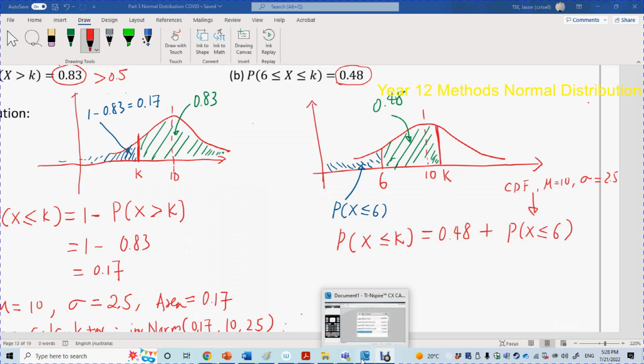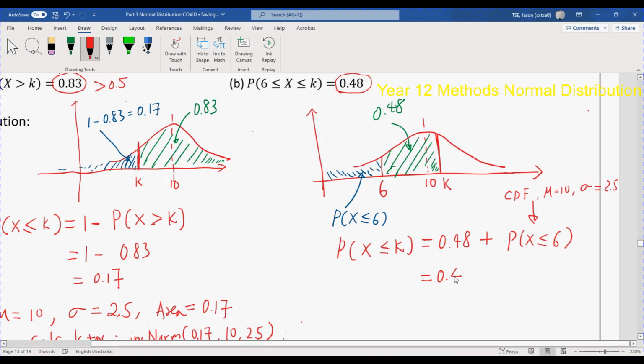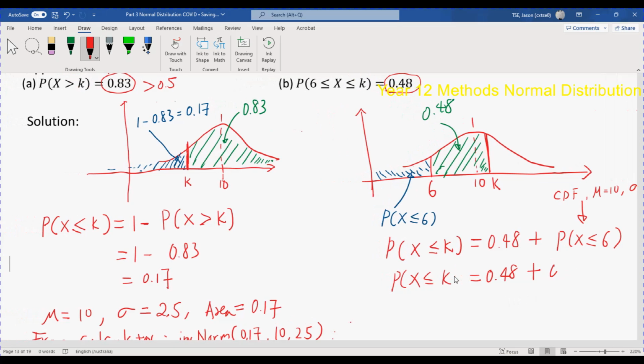Sorry. Let's go back here. So I'm going to copy the previous value for this one, which is 0.054799.